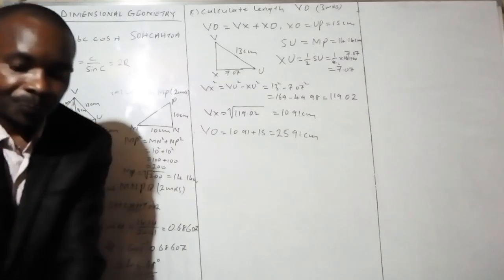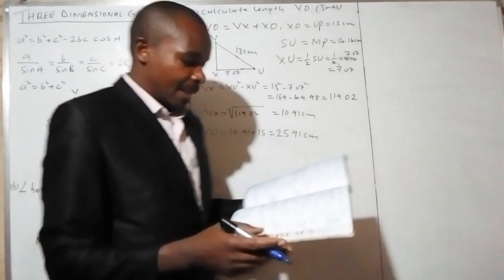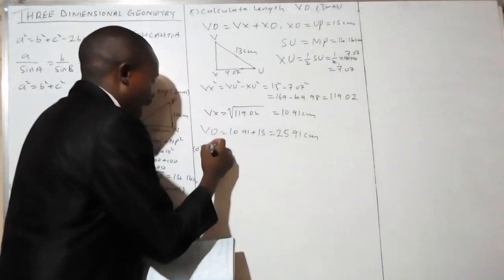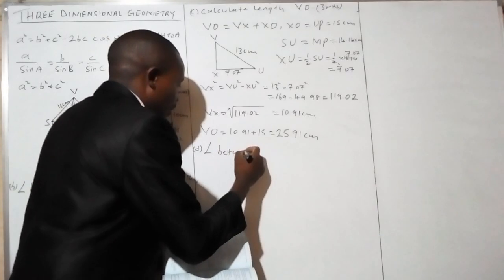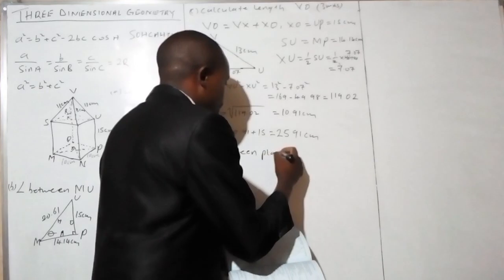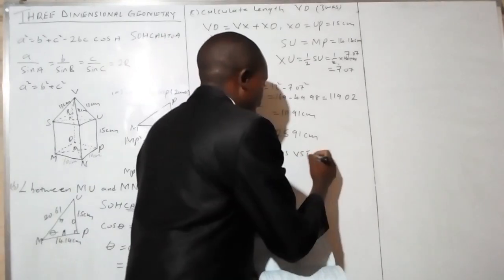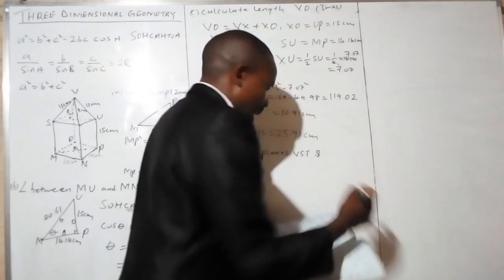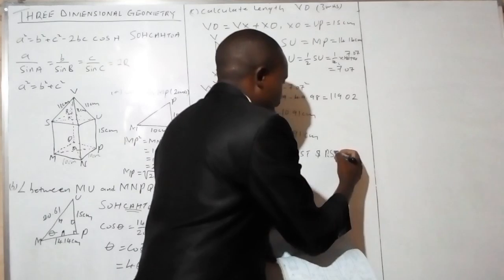And finally, part D, the angle between planes VST and RSTU, 3 marks.